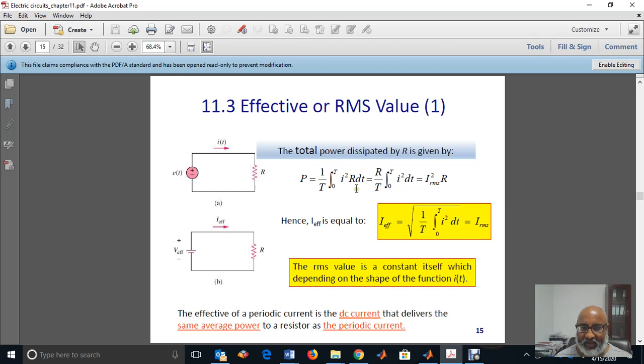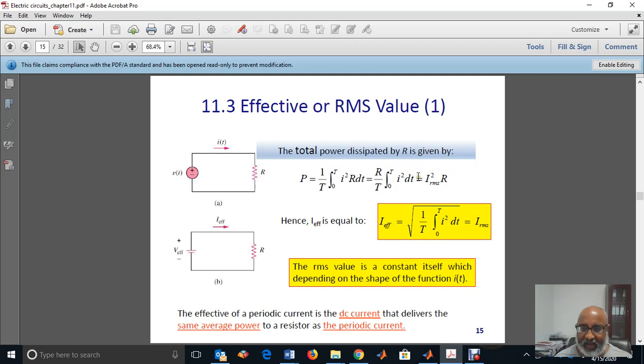So i is the alternating current, and we have to integrate with respect to the current. So it means R over T integration from 0 to T i squared dt. And we can write it in short, IRMS squared times R.